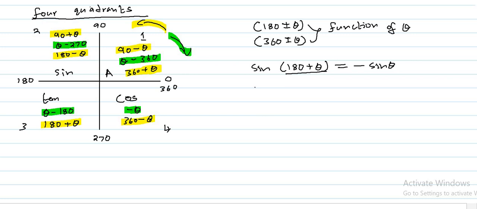Again, what happens now when you are given the sine of theta minus 180? Which quadrant is theta minus 180? When we look at our CAST diagram, theta minus 180 is quadrant number 3, and sine is also negative. So this will be negative sine of theta.